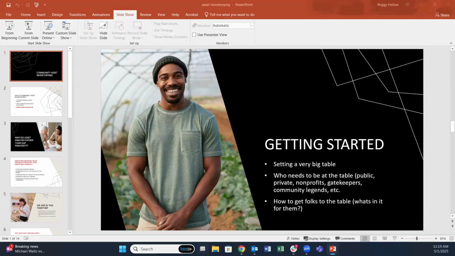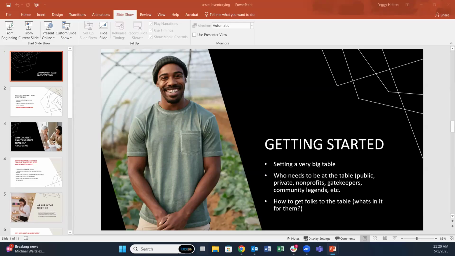We don't necessarily know what all those needs are going in, which is another reason for us to be looking at what community assets are available to us. If we only tried to learn more about things we already knew instead of being open to things that we don't know, I think it would be very different.